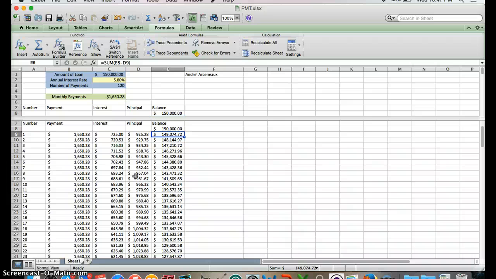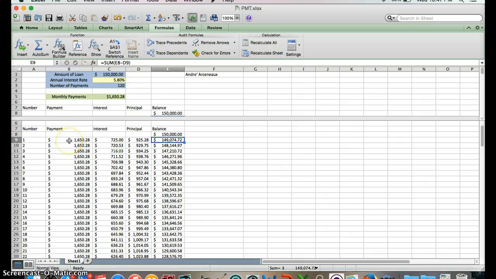So to get this, the first part, the payments are the same throughout, $1,650.28, but the interest starts out as the balance times the annual interest rate divided by 12, which ended up being $725.